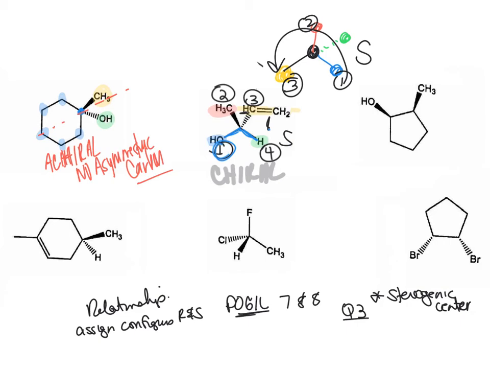So then the next one is this one right here, and you can see that there are 2 stereocenters. So let's go ahead and just star those, and we're going to try to assign R and S. What you don't see here is the hydrogen in back, so go ahead and draw that in. That's going to be a 4, and the oxygen is going to be a 1.